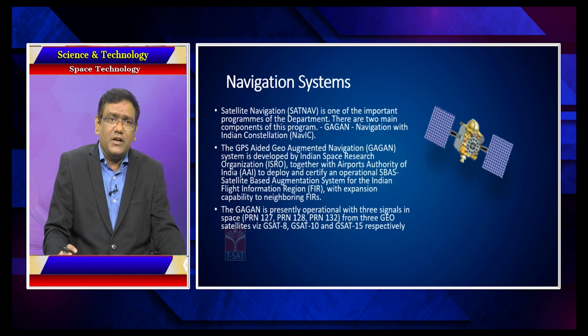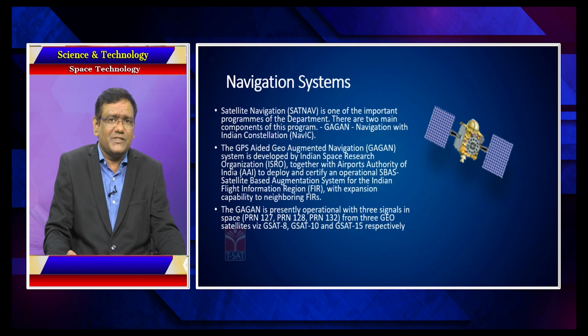So this GAGAN is nothing but the GPS Aided GEO Augmented Navigation. This system is developed by ISRO together with AAI, that is Airports Authority of India, to deploy and certify the operational SBAS, that is called Satellite Based Augmentation System, for the Indian flight information region, with the expansion capability to neighboring FIRs also.